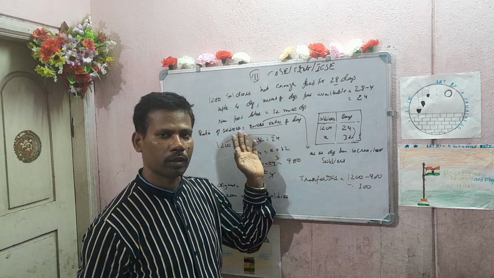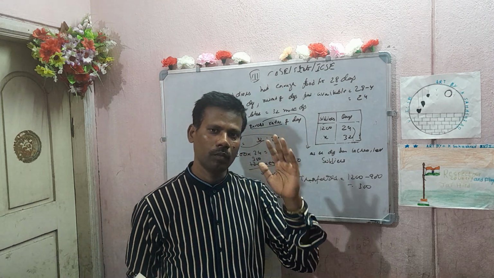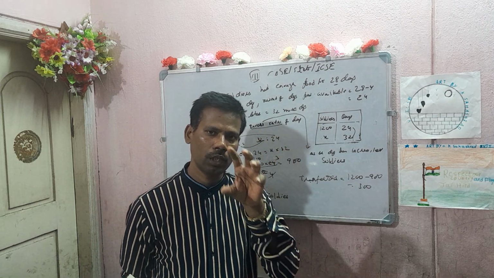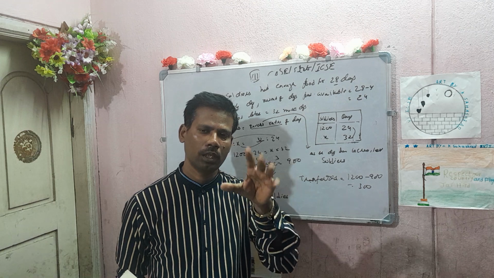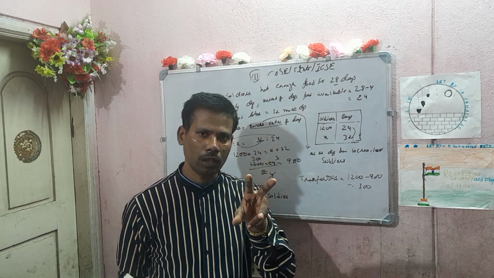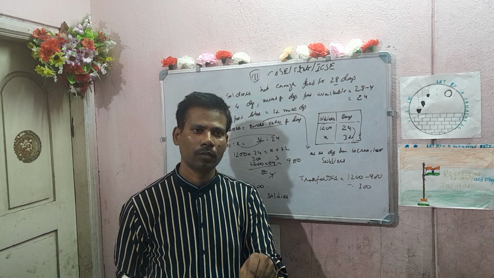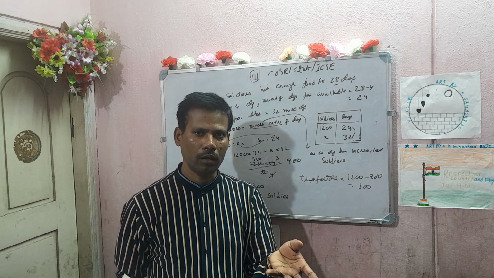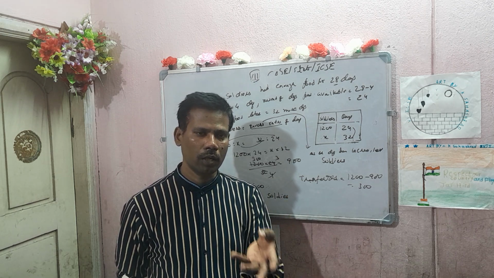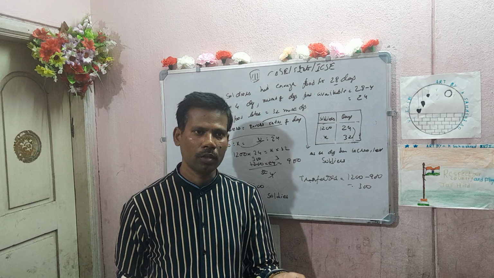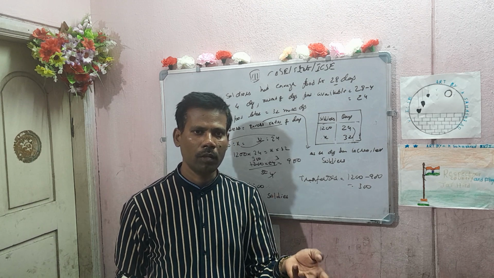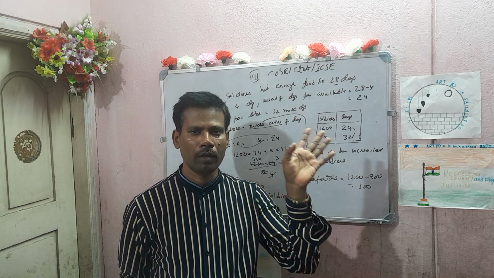Once again, let me explain with an example. In your family 20 members are there and you are having dinner at night, but suddenly a party came and 5 were transferred.